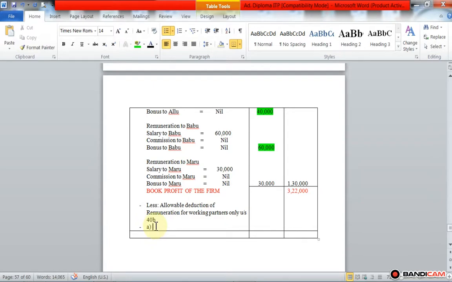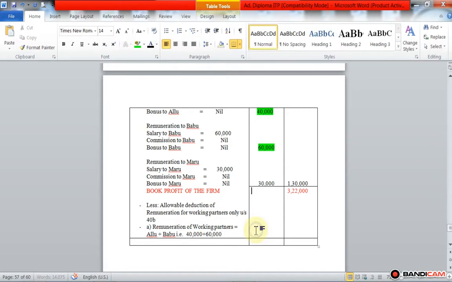So remuneration of working partners is equal to Alu plus Babu, that is 40,000 remuneration is given to Alu plus 60,000 remuneration is given to Babu.